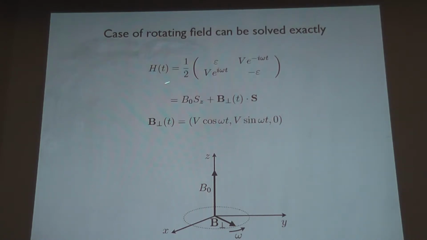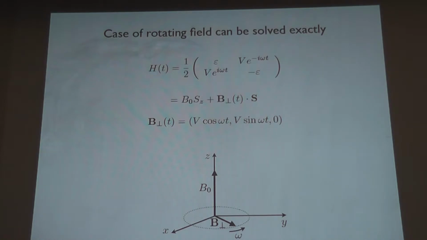So here, in my Hamiltonian, I have some energy splitting which sits on the diagonal, and on the off diagonal we have some complex exponential, which indicates, if I translate back to the spin language, that I have an effective magnetic field, the static part along z, and then a transverse part which is rotating in the xy plane, as shown in the figure. Right, so x component, y component, they're 90 degrees out of phase.